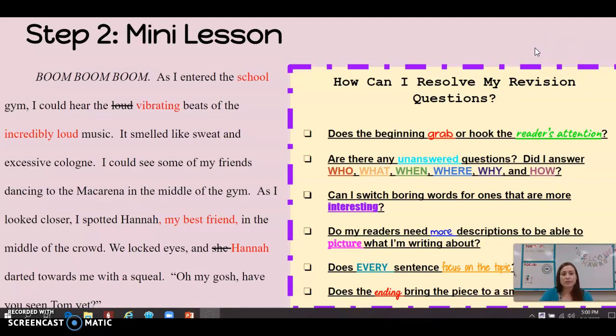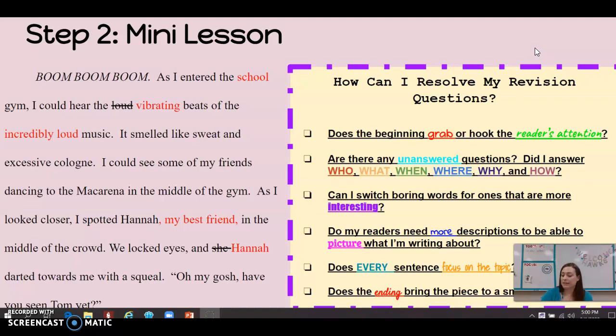So you see on your screen my example from my memoir. This is my introduction, on the left-hand side. On the right-hand side, you have a box that says, how can I resolve my revision questions? There are 6 different questions that are being asked. So the first one is, does the beginning grab or hook the reader's attention?